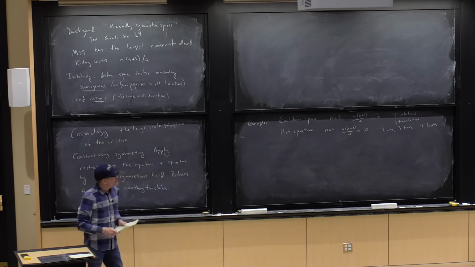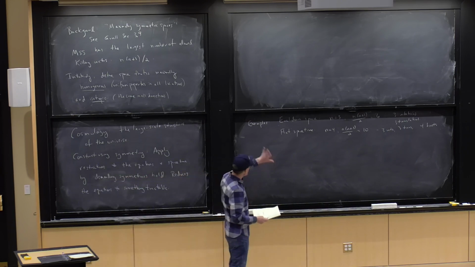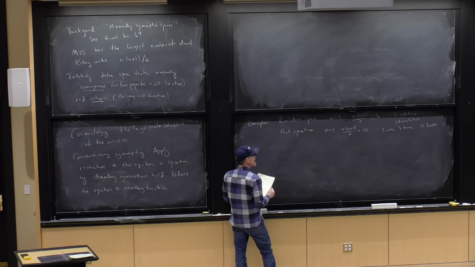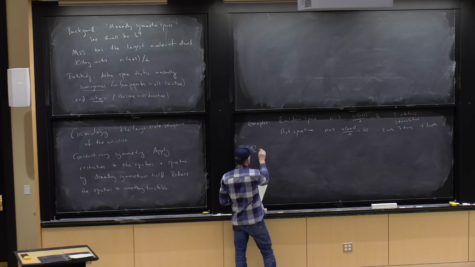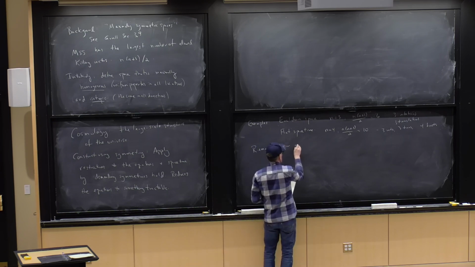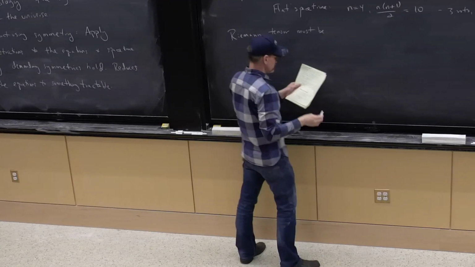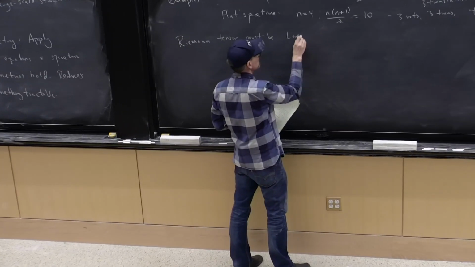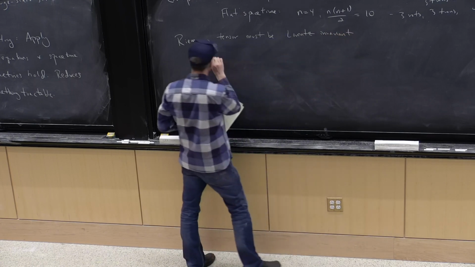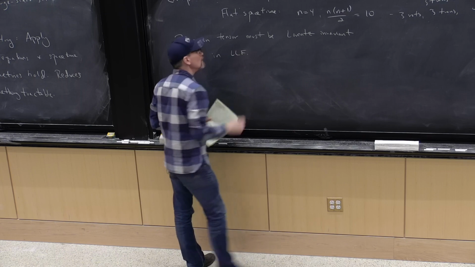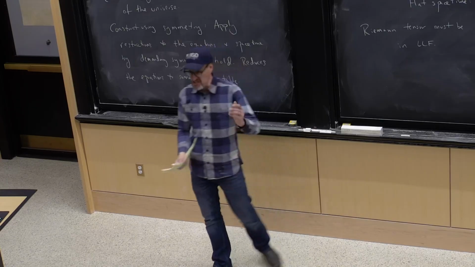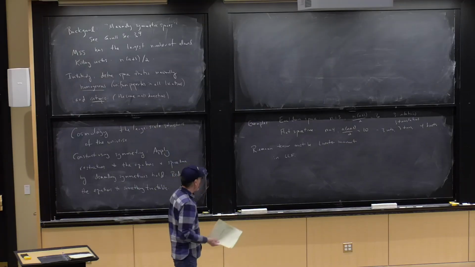The requirement that your space satisfy these properties leads to a condition that the Riemann tensor must be Lorentz invariant within the local Lorentz frame. So for these two examples that I talked about, the Riemann tensor actually vanishes, and 0 is certainly Lorentz invariant, so there's no problem there.